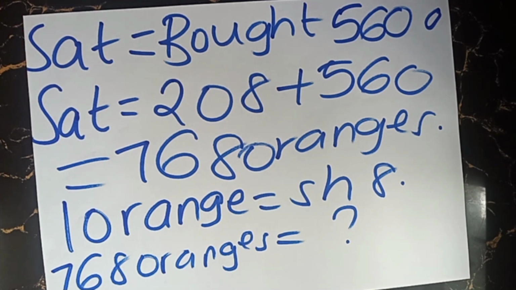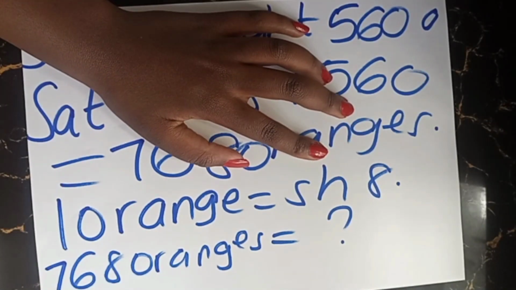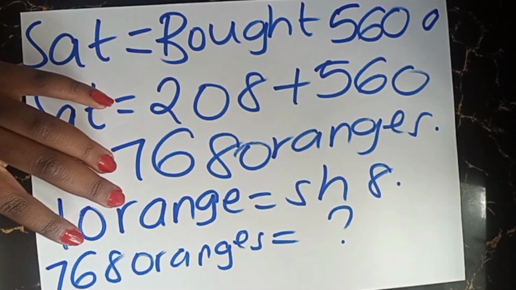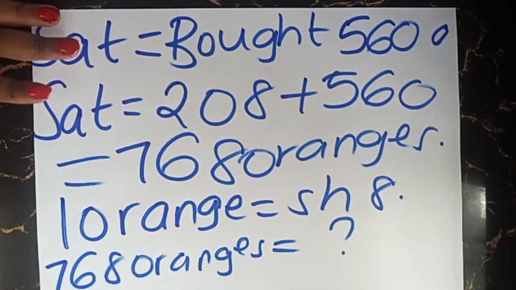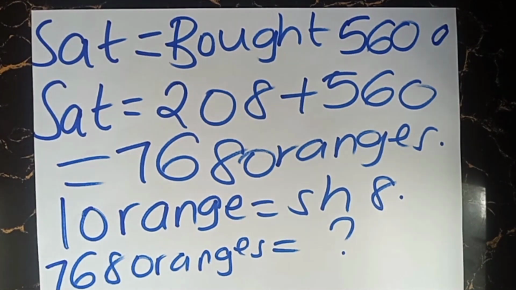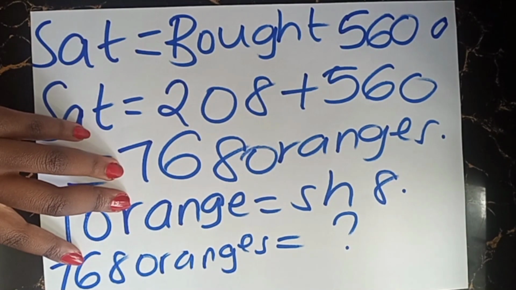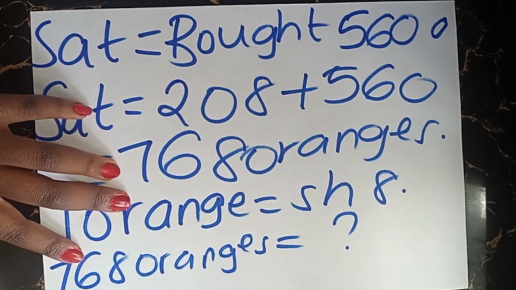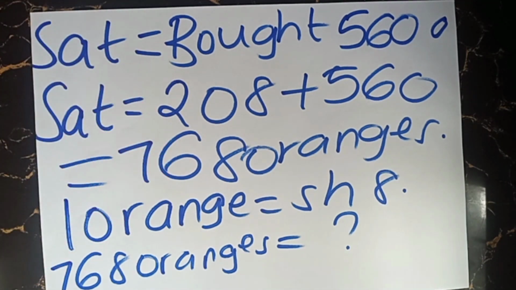So now, let's answer the question accordingly. If 1 orange costs 8 shillings, will 768 oranges cost more or less? They'll cost more, right? So that means that we'll multiply the 8 shillings by 768 oranges, the bigger number, and then divide it by the smaller number, which is 1 orange, okay?